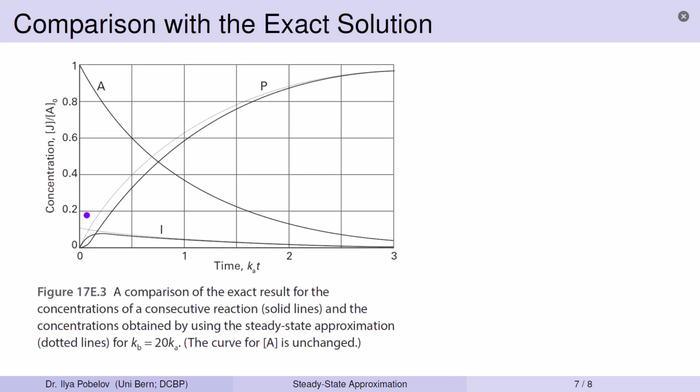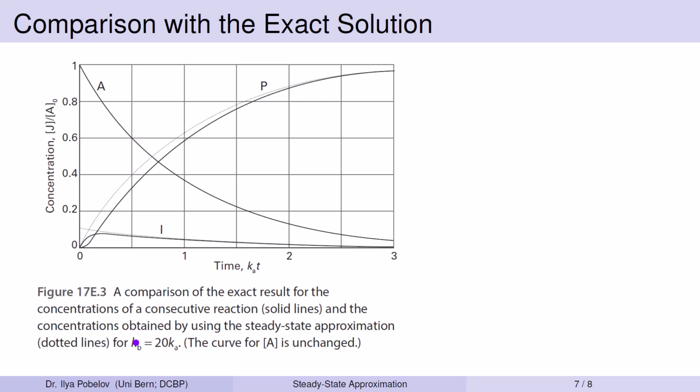To illustrate the effectiveness of the steady-state approximation, let's consider this figure. Here we see a comparison between the exact results for the concentrations in a sequential reaction, represented by solid lines, and the concentrations obtained using the steady-state approximation, shown as dotted lines.